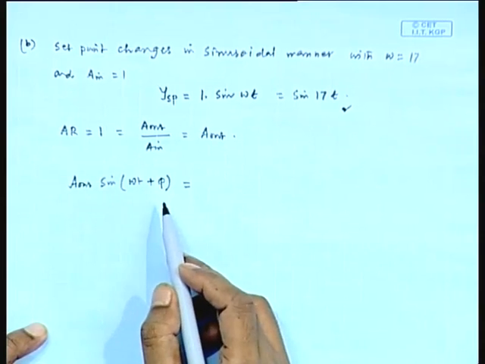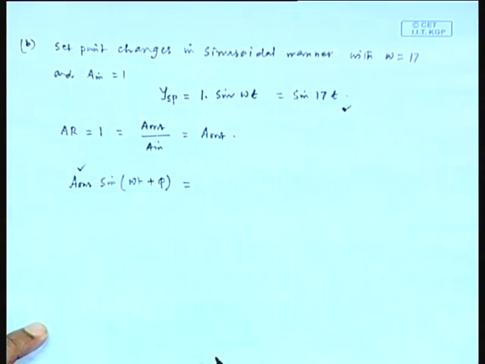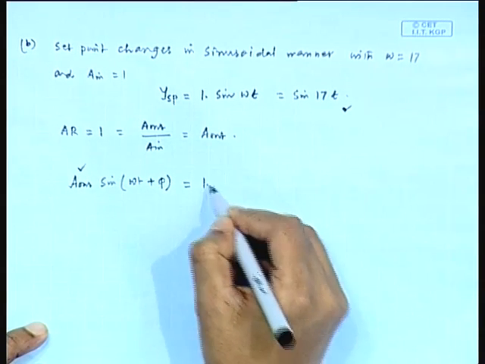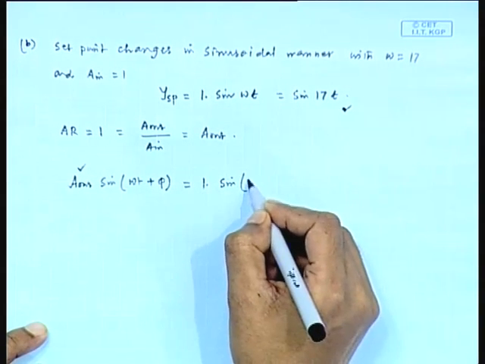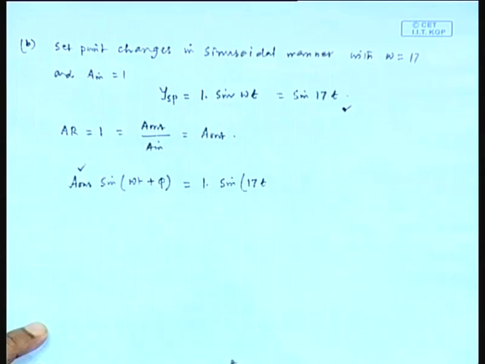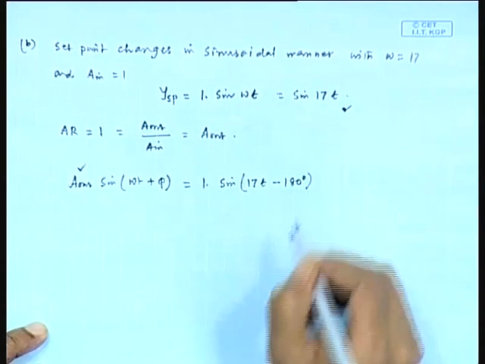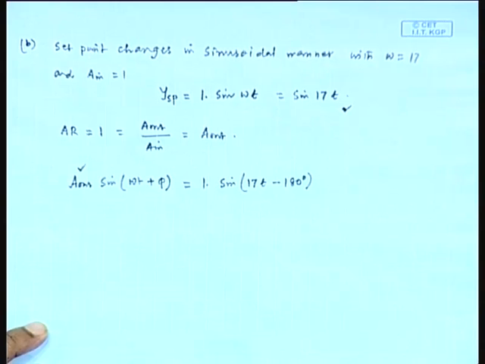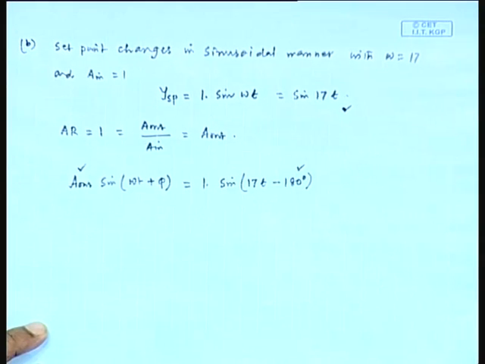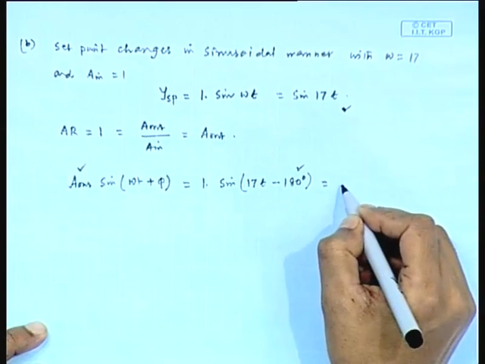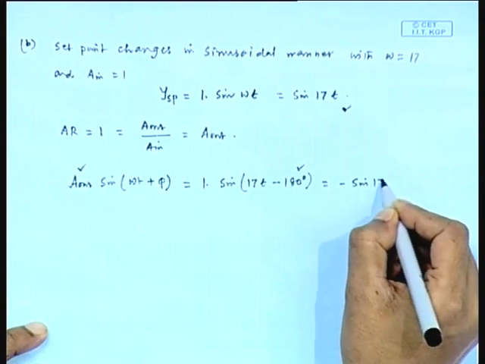This is the output. The amplitude of this output wave is 1, omega is 17, and phi is minus 180. We have considered in our first point phi is minus 180. That means this is minus sin 17t.